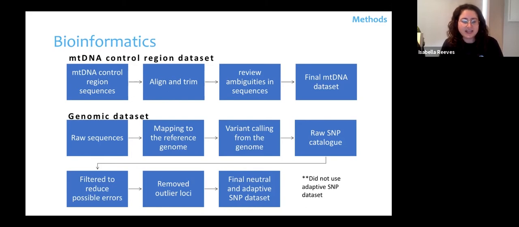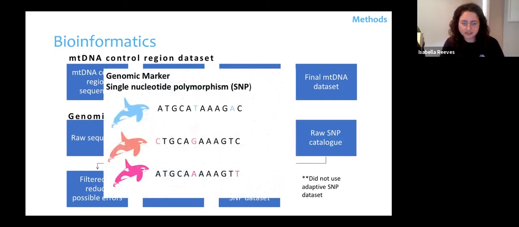We then removed any outlier loci. Outlier loci in this case are the adaptive loci. So this led us to having both our neutral and adaptive data set, and we actually did not use the adaptive SNP data set at all. I'm hoping to look more into adaptive loci and things in my PhD, but for the rest of the analysis, we only use the neutral SNP data set.